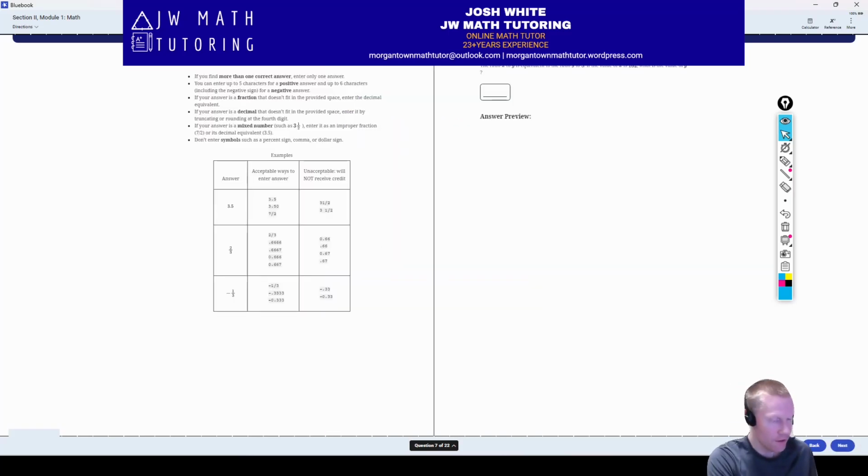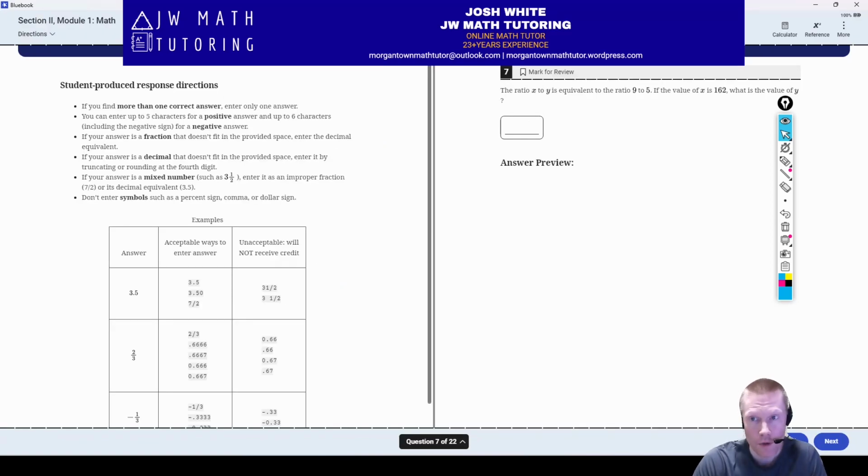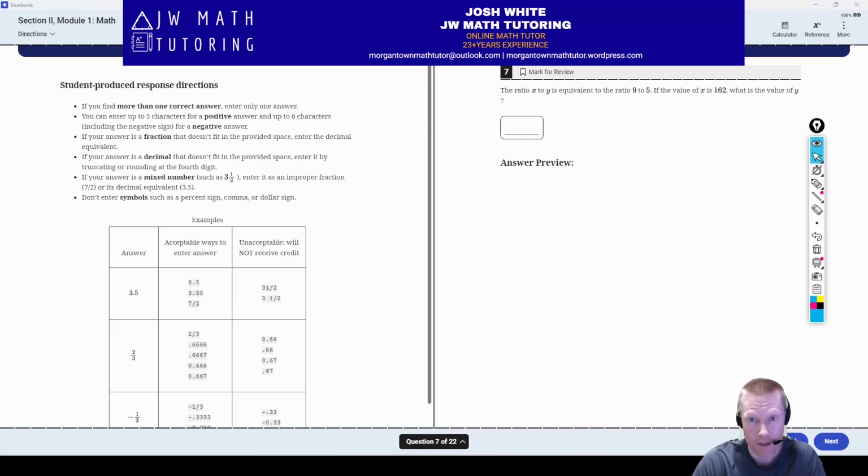Next up, we have a fill-in question, a student-produced response, and we know that the ratio of x to y is 9 to 5. Now we can fill in for x, which is what corresponds to the 9, its actual value of 162, and then we can solve for y by basically just cross multiplying.